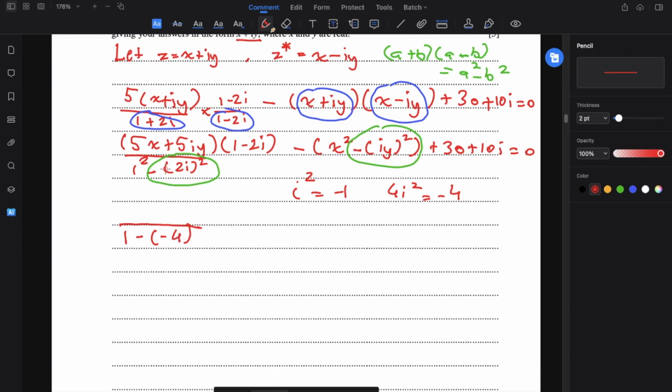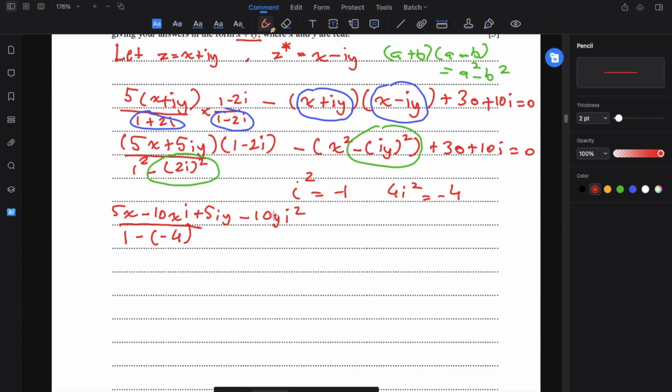For the numerator, it's 5x plus 5iy into 1 minus 2i. So we'll write that down as 5x minus 10xi plus 5iy minus 10yi square.